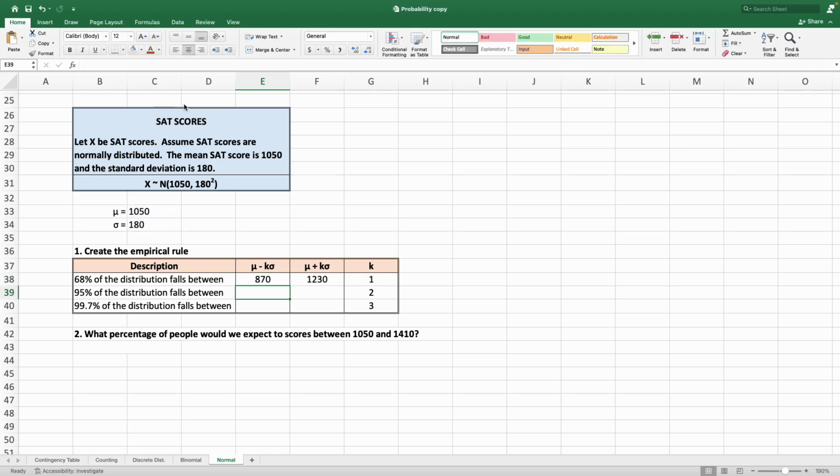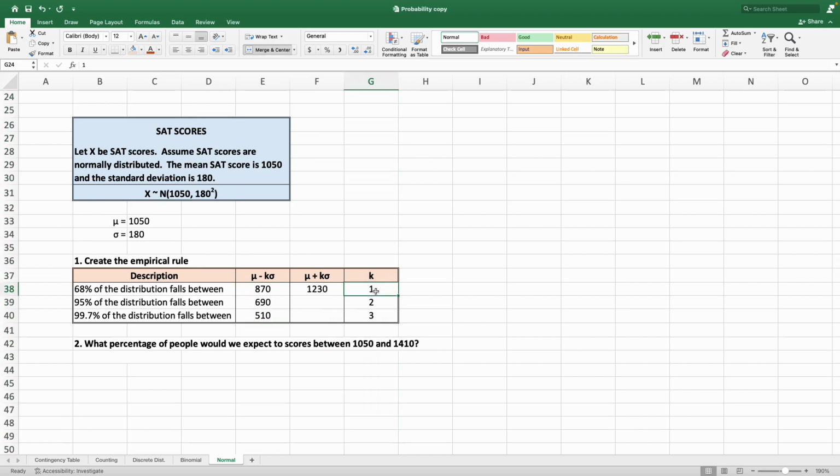And click enter. Because now I can pull this down and keep that formula the same. If you keep your attention up here, as I hit enter, the only thing that's changing is that G number, because G is coming from over here, 1, 2, and 3 standard deviations from the mean.